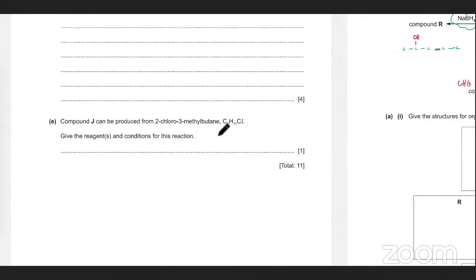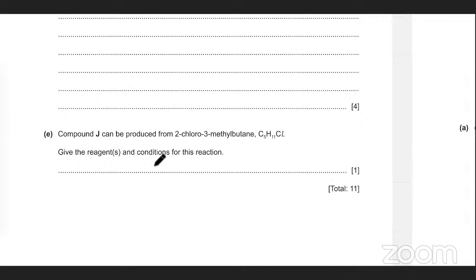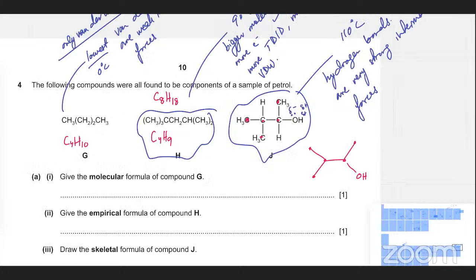Compound, let's see. I think compound J can be produced from 2-chloro-3-methyl butane. So again, what's J? J is this one.